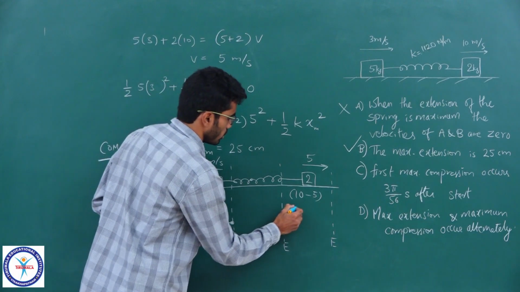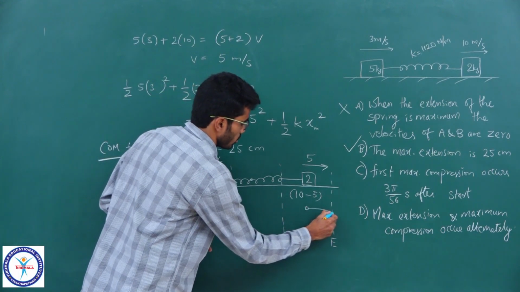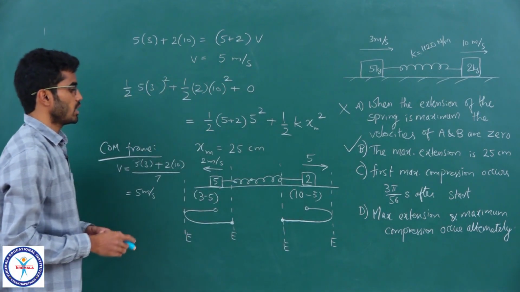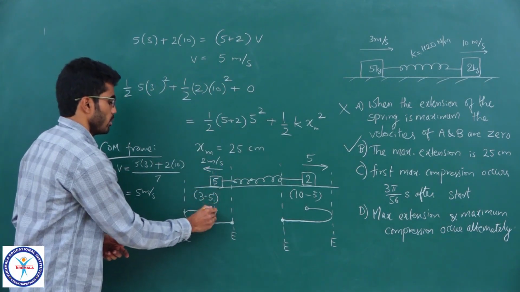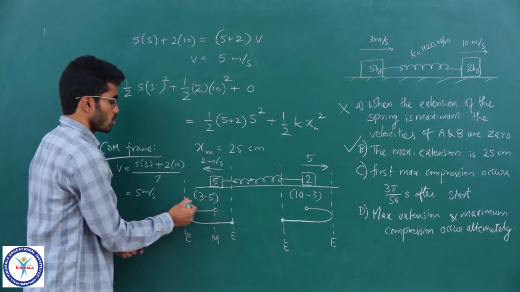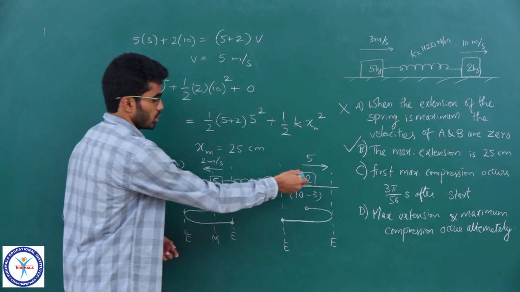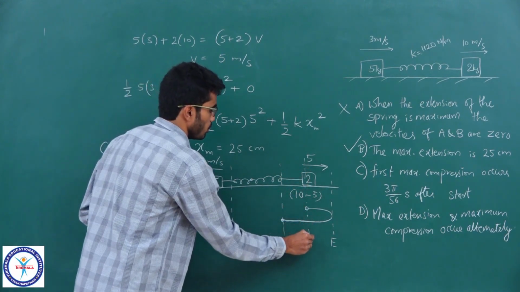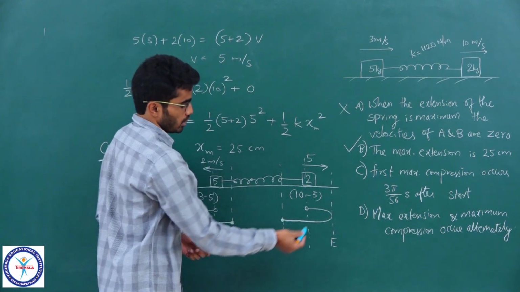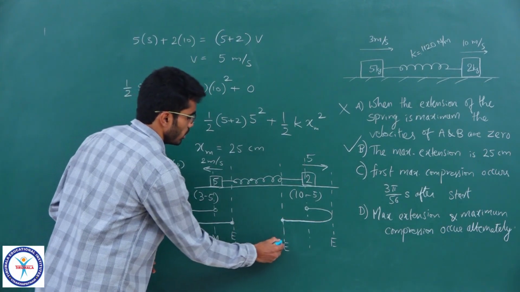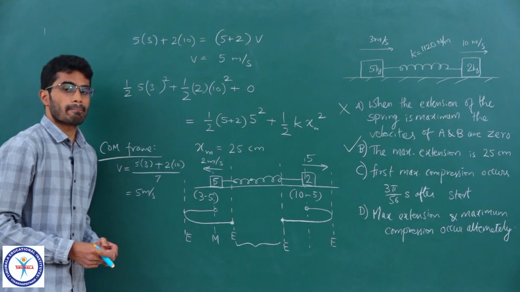Starting from the mean position, the 5 kg block should go to the left extreme and then come to the right extreme. The 2 kg block will start from the mean position, go to the right extreme and then come to the left extreme. This is where you will obtain the maximum compression.